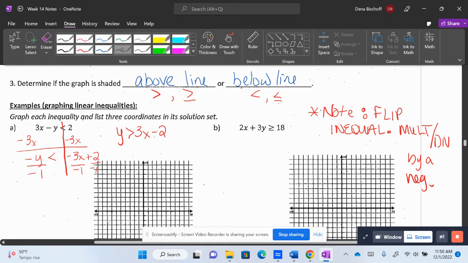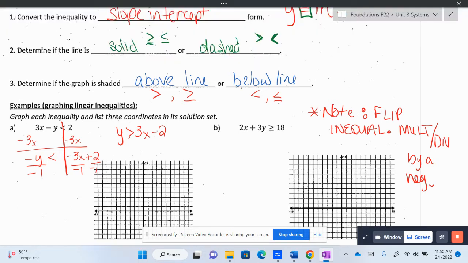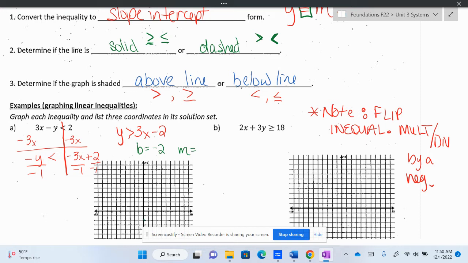So how do I graph this? Begin at negative 2 on the y-axis. And then go up 3 over 1. Good job. Is my graph going to have a solid line or a dashed line?